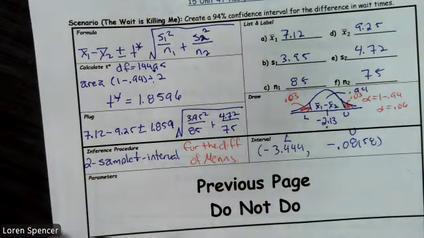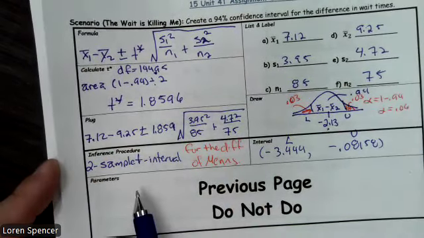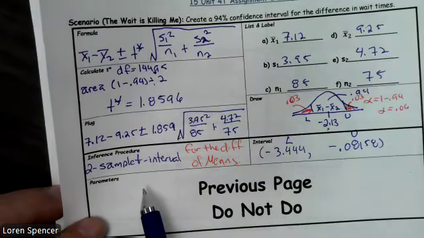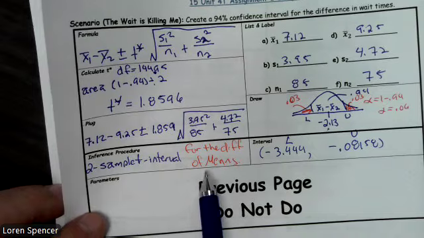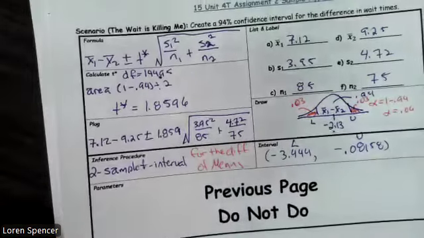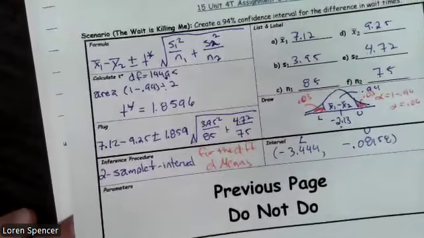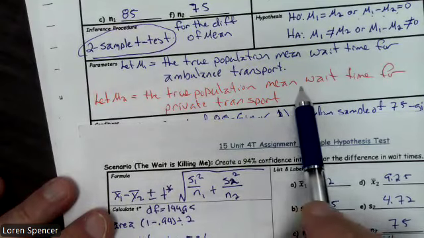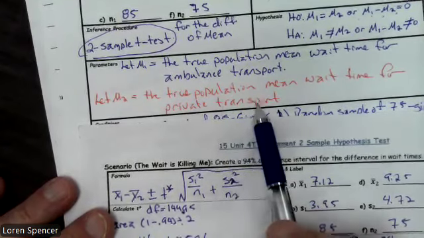Now, the parameters. Let mu1 equal the true population mean wait time for delivery by ambulance, and mu2 the true population mean wait time for private transportation.